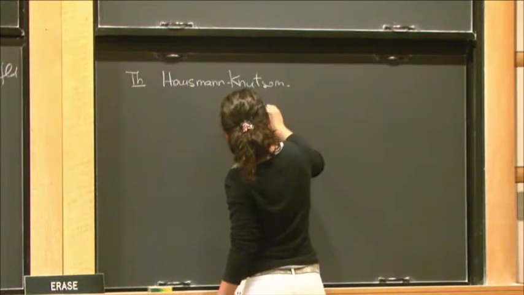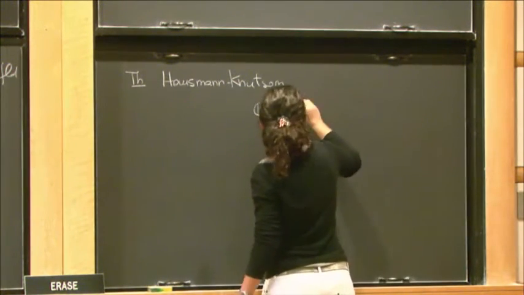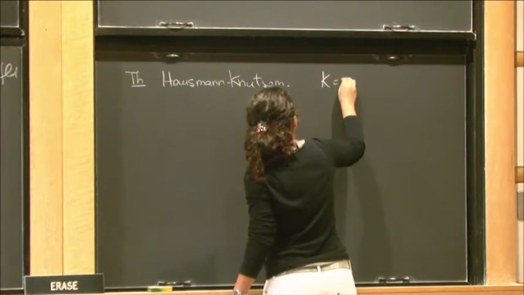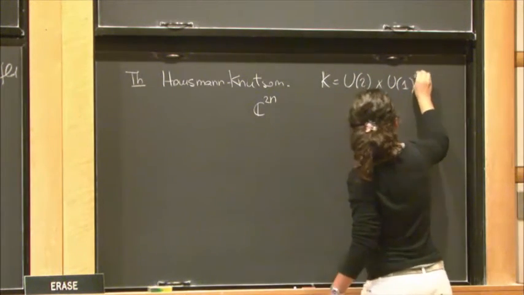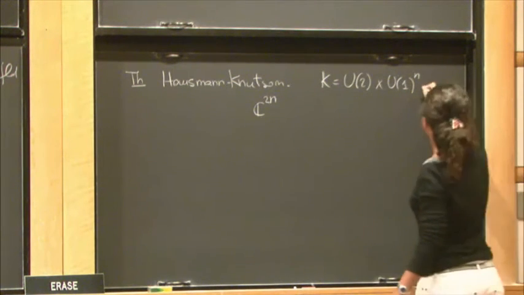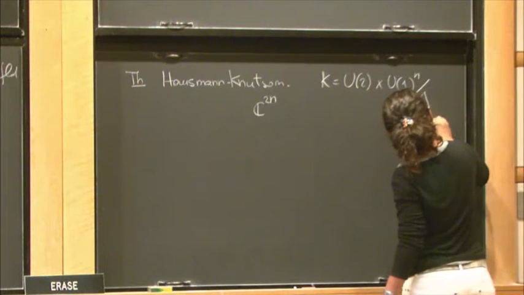If we consider the complex space C^2n equipped with the action of the group, let me call it K, U2 times U1^n, where this U1^n is the torus of diagonal matrices in the unitary group Un, mod out by the diagonal circle in this product.